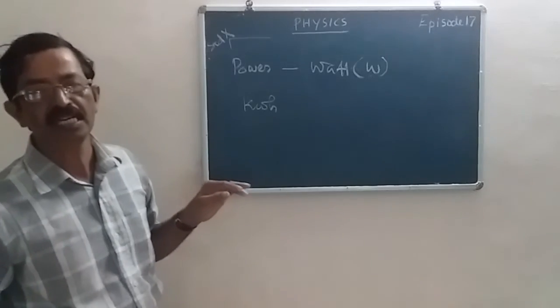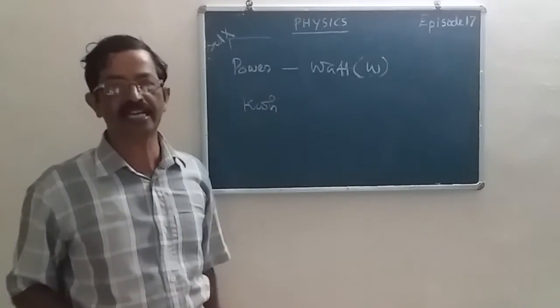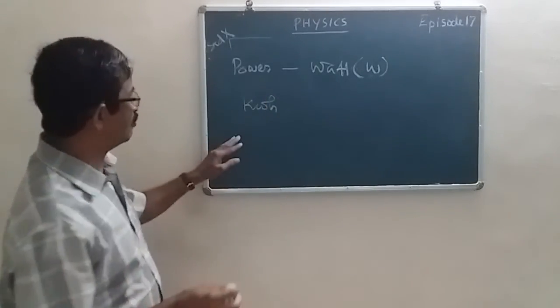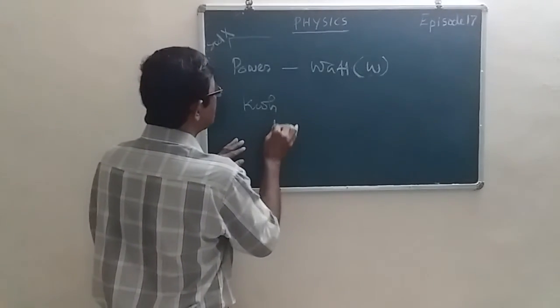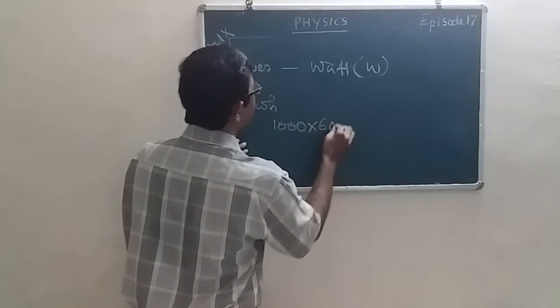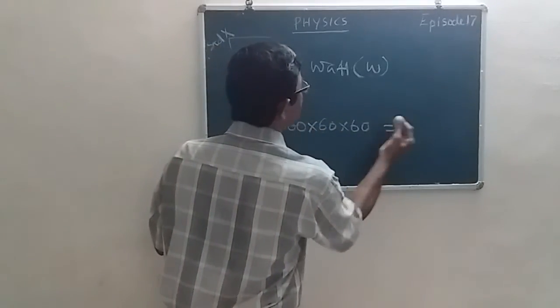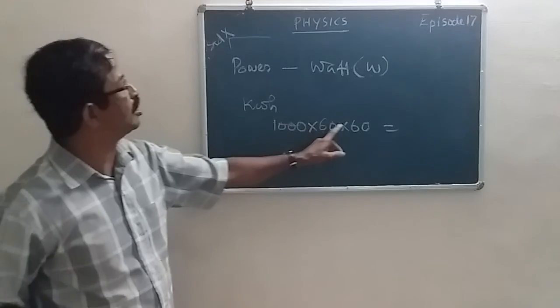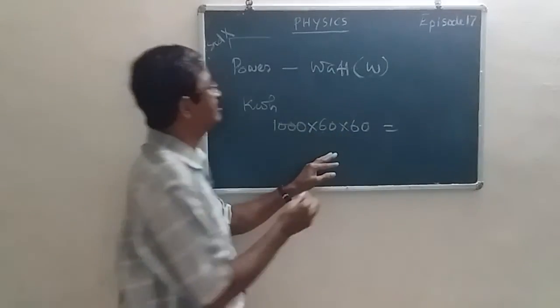Kilowatt hour means 1 kilowatt is 1000 watts, and 1 hour is 60 into 60 seconds, that is equal to 1000 into 3600.